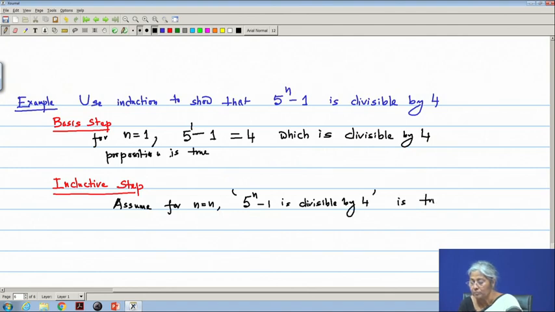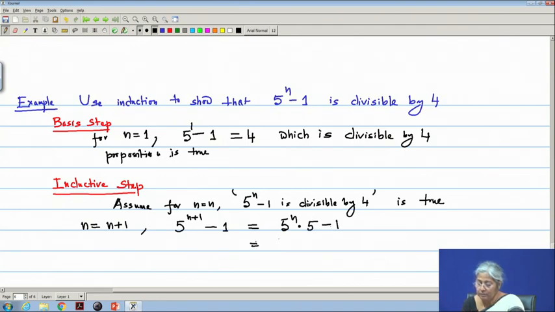Now, we see whether it is true for n plus 1. So, for n plus 1, it should be 5 to the power n plus 1 minus 1. I can write that as 4 into 5 to the power n, plus 5 to the power n minus 1.